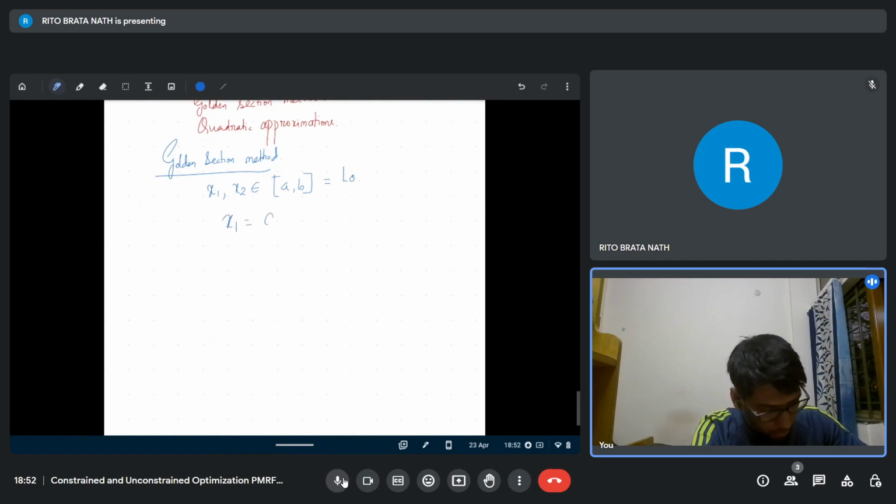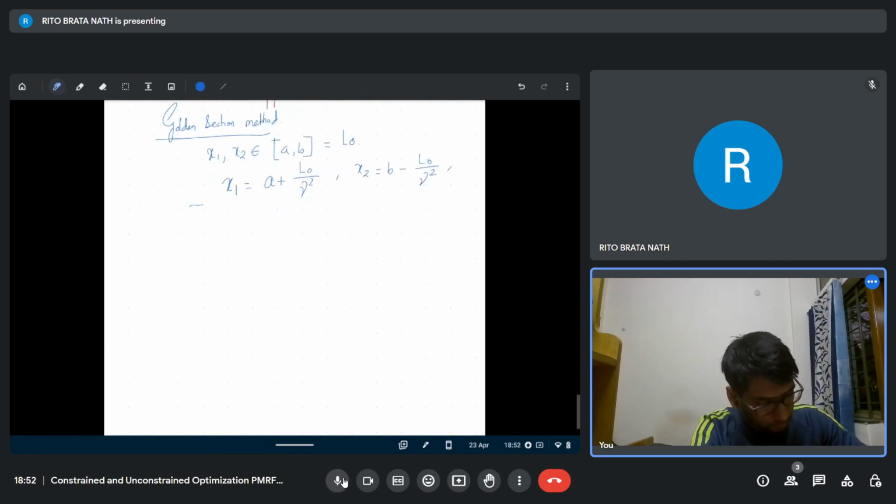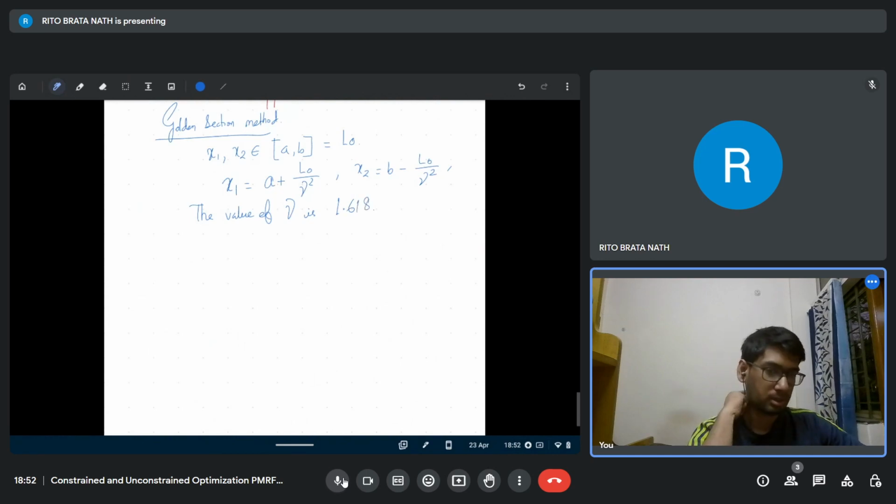You get x1 as A plus L0 by gamma square, x2 equals B minus L0 by gamma square. So the value of gamma is 1.618, and sometimes it's also called the golden ratio. So that's something to be mindful of.